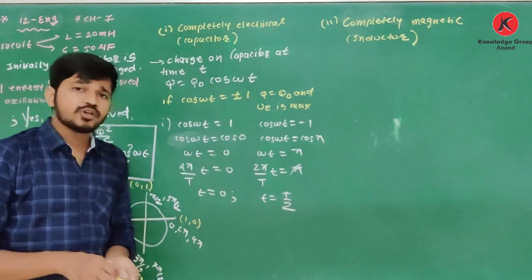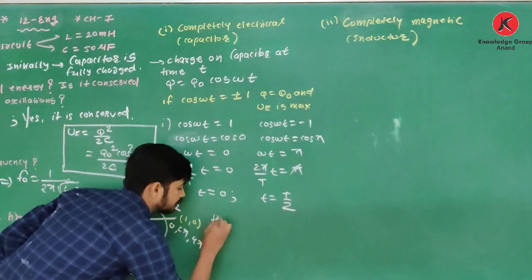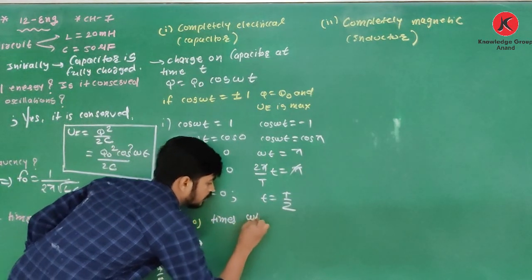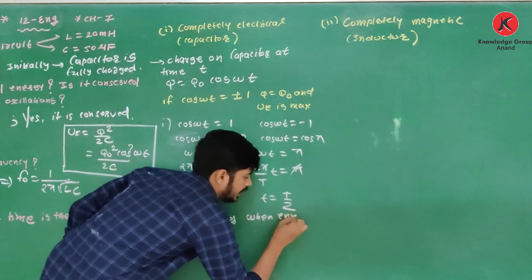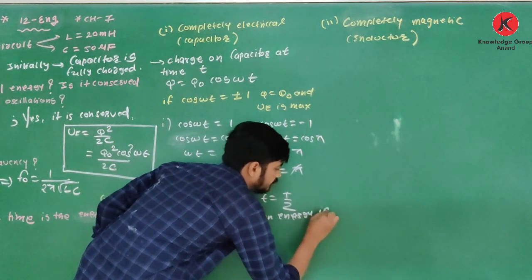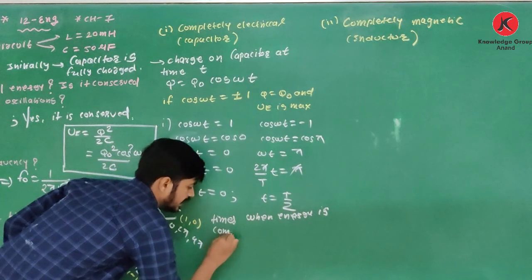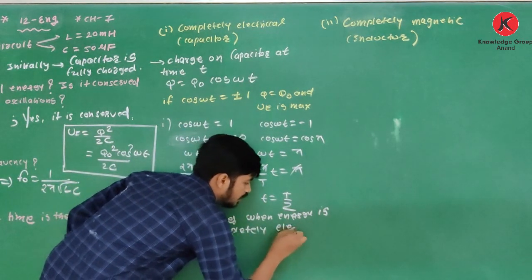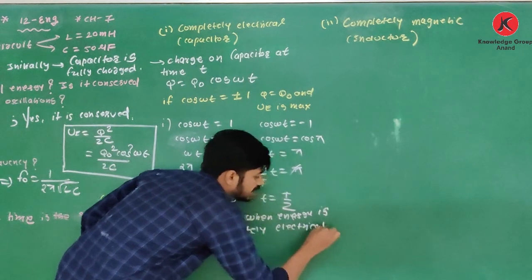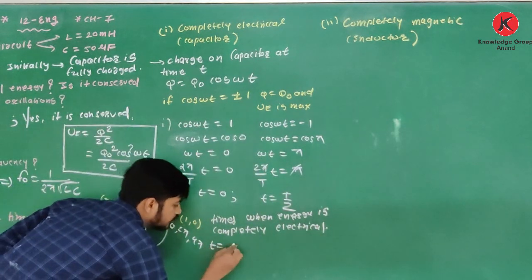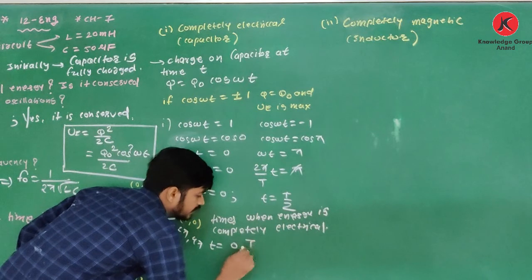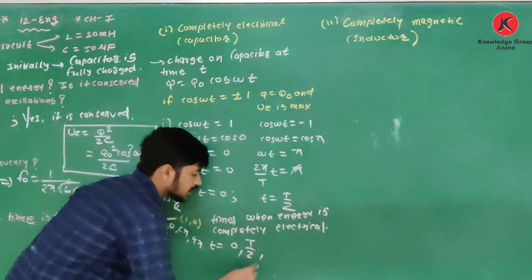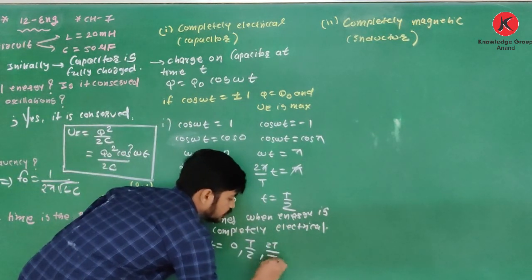So simple. Now you have to find the times when energy is completely electrical. How? At time t is equal to first 0, then T by 2. Add another T by 2 means it is 2T by 2.